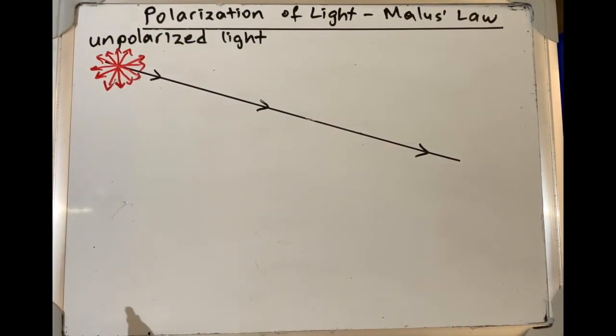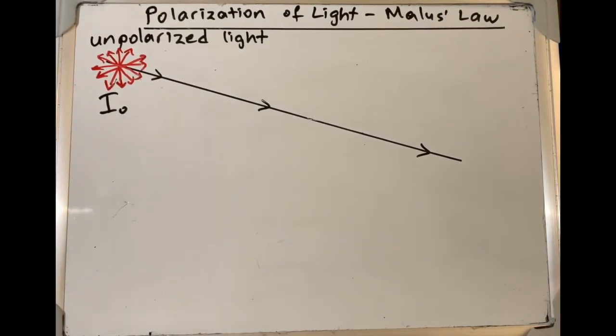Let's label its intensity, because we're going to be looking for an intensity relationship when I add more polarizers. Let's call this I0. And now I'm going to place a polarizing filter in front of this. So that's my filter.